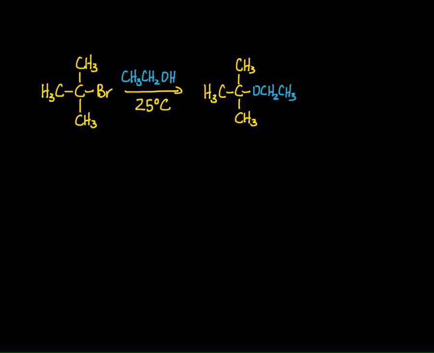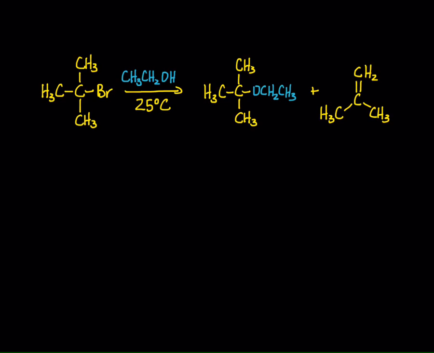And now we're adding an extra layer of complexity, in saying that, well, that is not the entire possibility for product formation. Another possibility is that I can simply eliminate one of the beta hydrogens.